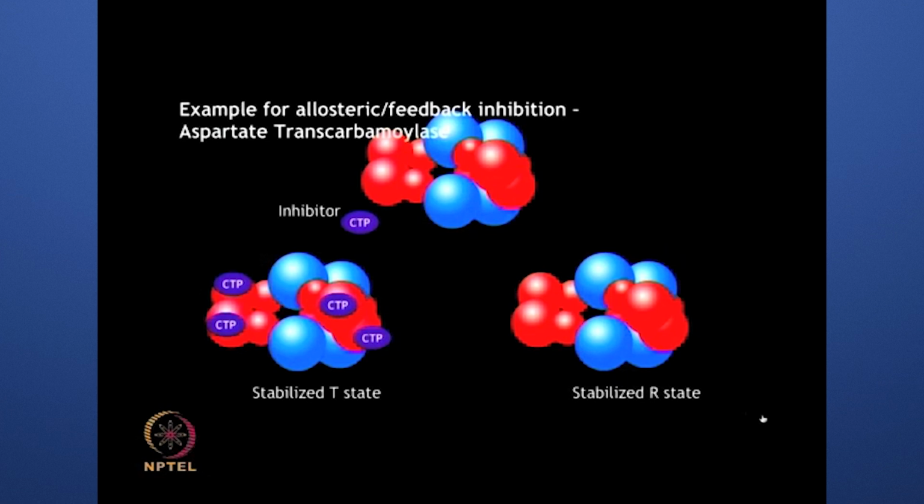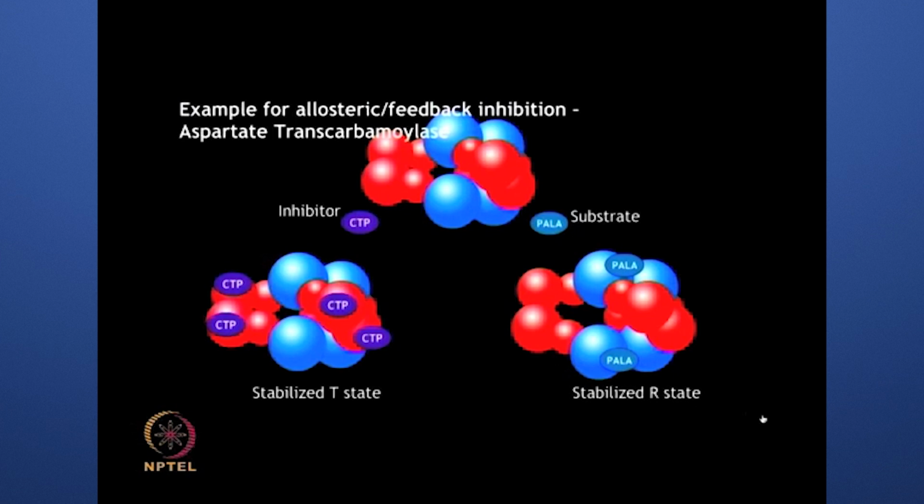The inhibitor for this enzyme is CTP, which is the final product of the pathway. Binding of the inhibitor to the regulatory subunits stabilizes the tense state or T state of the enzyme, thereby preventing the reaction from taking place.